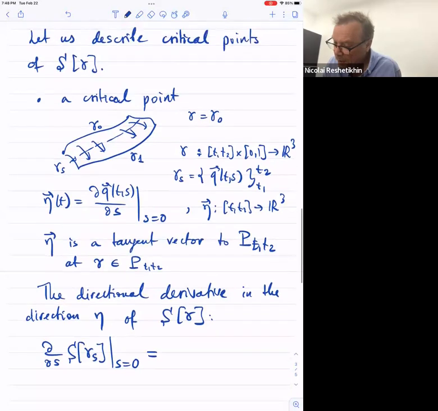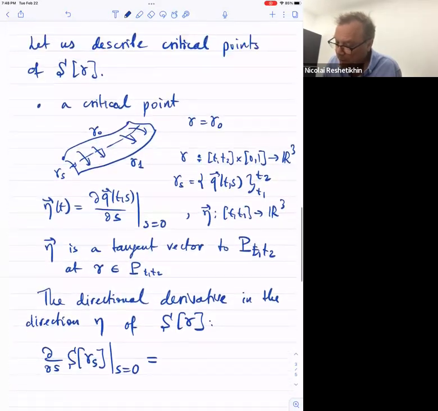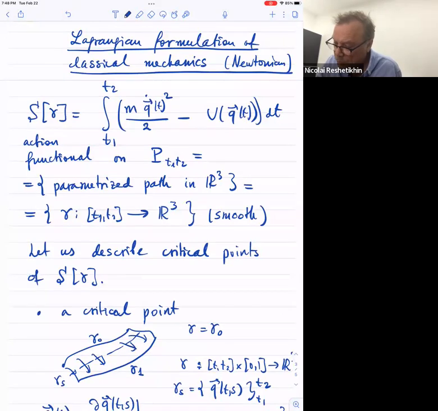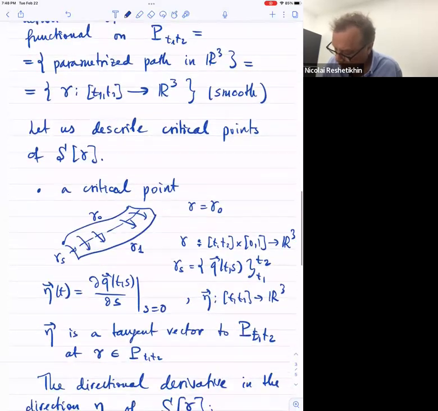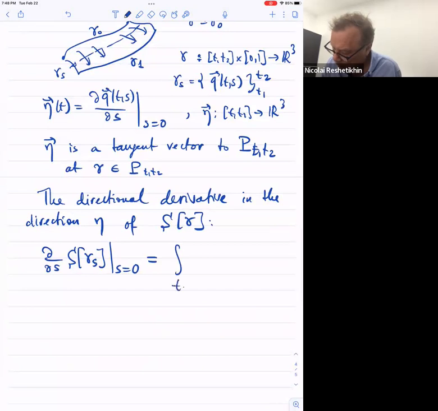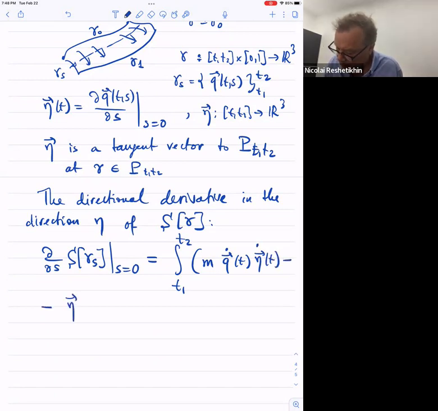If you do this, what are you going to have? Well, this is our action. We have to differentiate q dot squared, and then we have to differentiate U of q. So from the first term we have this, and the derivative of q dot in s evaluated at s equals 0 will be eta dot of t, minus, and then we use the chain rule.